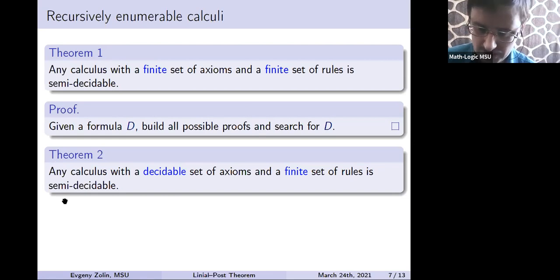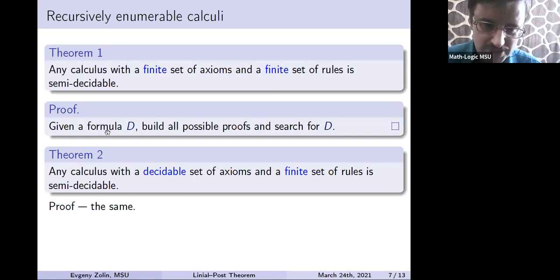Given a formula, one can easily check that this formula has the form B1, has the form B2, or has the form B11. It is a simple algorithm. So this will be a calculus with a decidable set of axioms and the rule of modus ponens, for example. So this is an example of a calculus for Theorem 2.